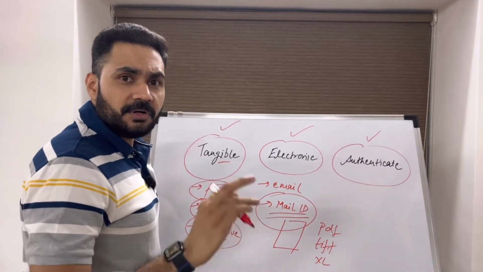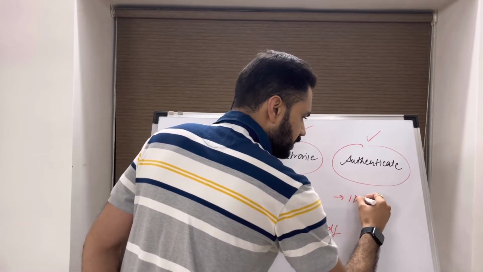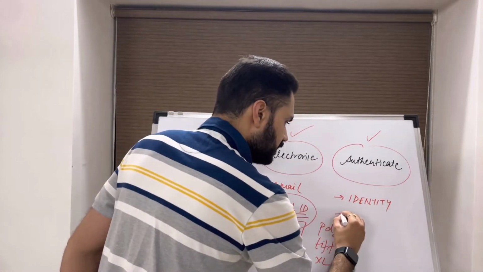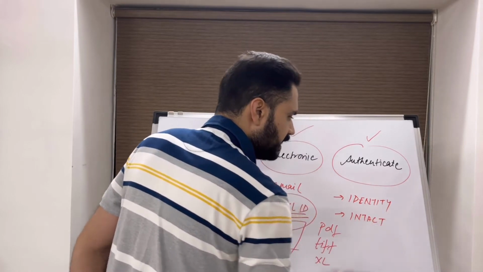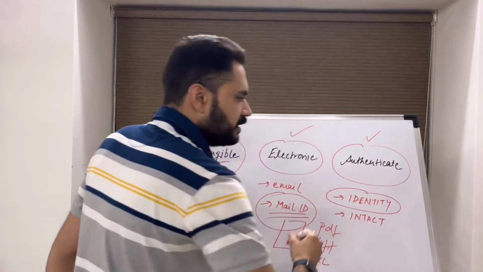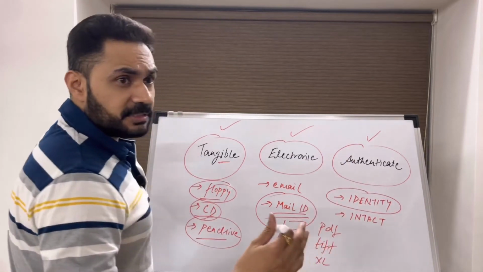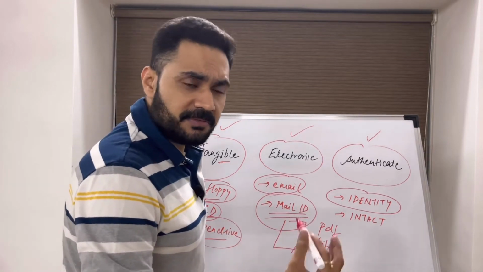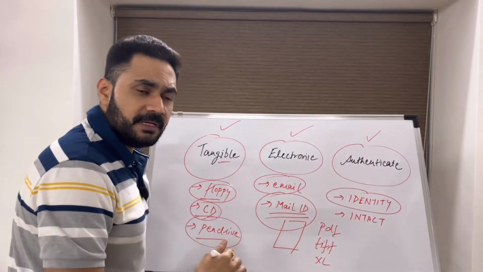As per ISP, authenticate means two things. Number one, the identity should be known, and number two, the information is intact. The identity of the sender should be known. For example, if the record is sent to the issuer through email, and the beneficiary's company is ABC Limited, then the mail ID can be the name of the person @ABC Limited.